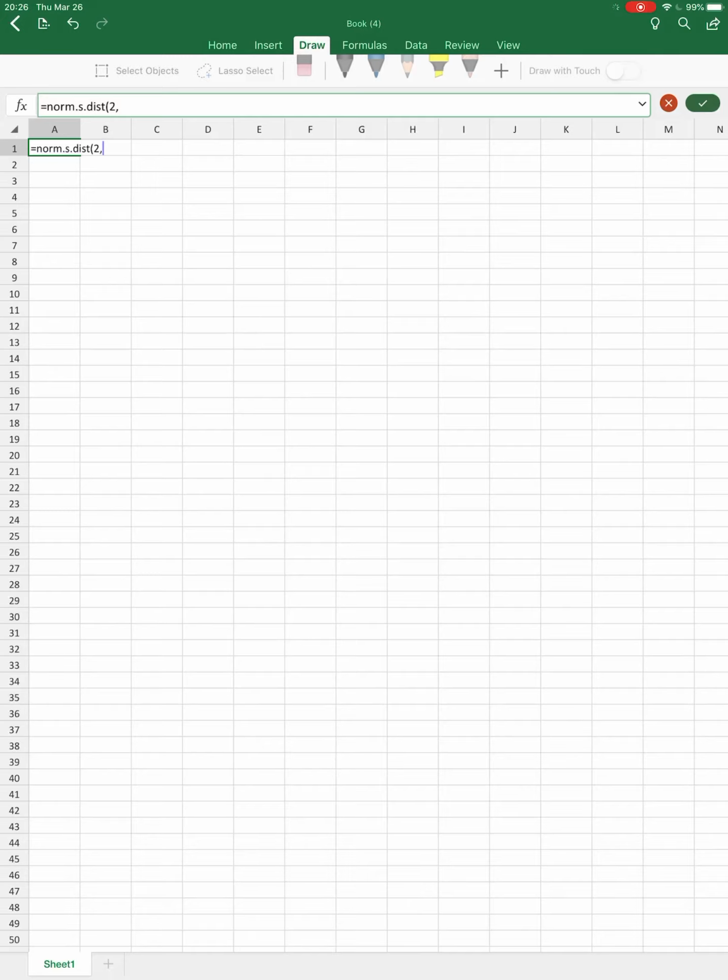I want everything less than the z-score, so I'm going to type true, and then hit enter. And that is the area that I shaded. That is the probability that I'm looking for.